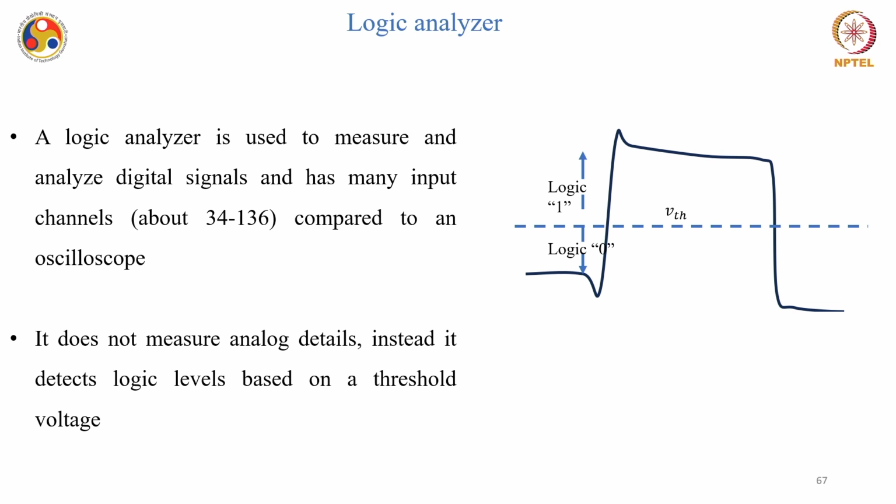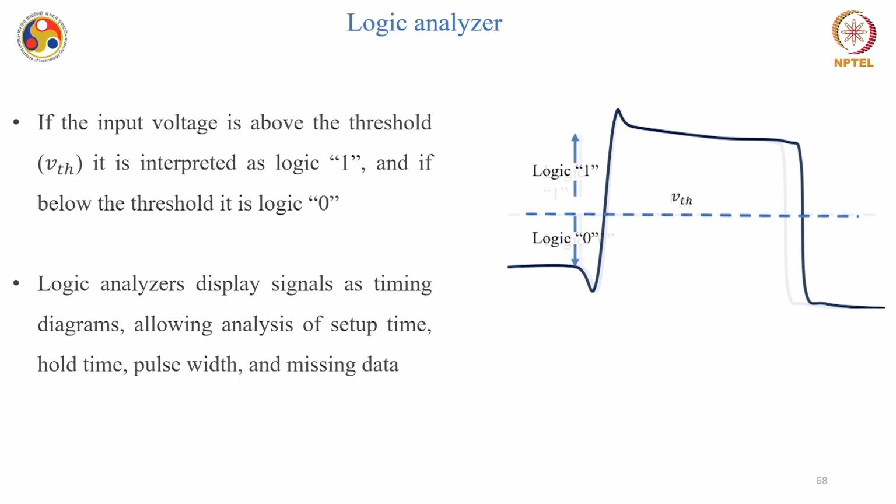A logic analyzer is used to measure and analyze digital signals and has many input channels. As I have mentioned, it can go as high as 136 compared to an oscilloscope. It does not measure analog details, instead it detects logic levels based on a threshold voltage.